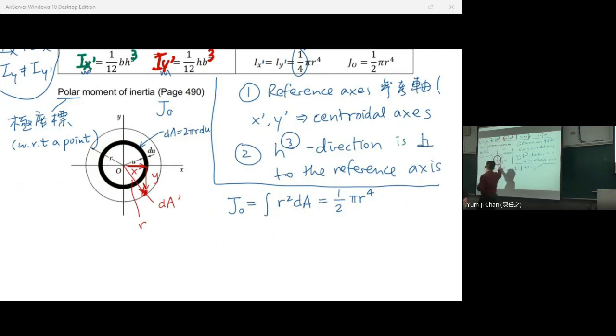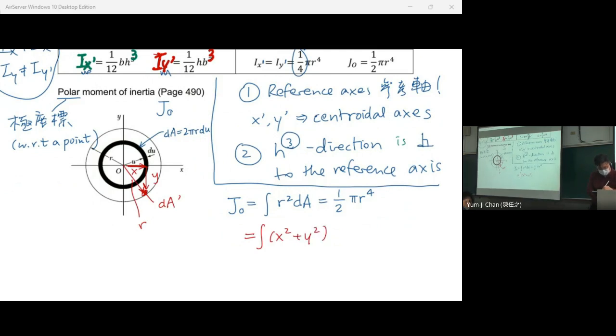For each dA prime, the distance r from point O can be written as x i plus y j.